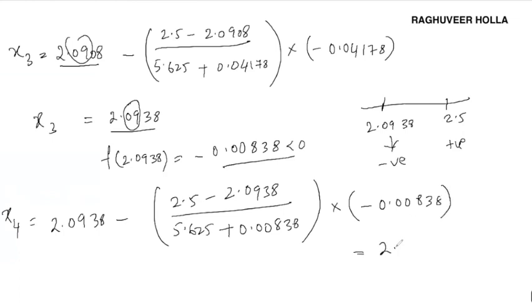Which results in 2.0944. So as you can see here, we are getting 2.0944.